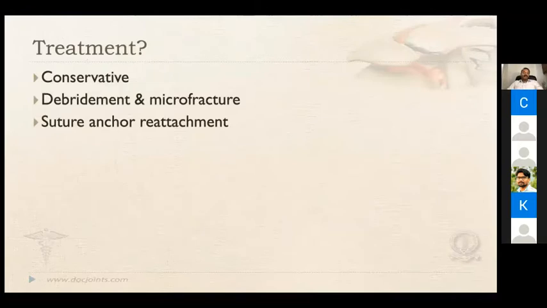How would you treat it? You have seen it in the knee joint, isn't it? Commonly in the medial femoral condyle, in the weight bearing area, you would have encountered osteochondritis dissecans. In the shoulder joint, how would you treat it? Would you conserve the treatment or reattach?